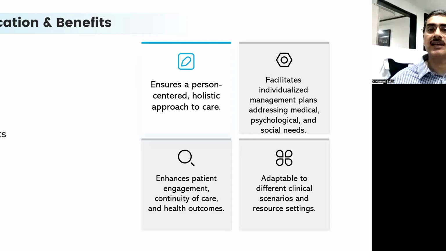It facilitates individualized management plans when we are addressing medical, psychological, and social needs. In this process it enhances patient engagement, so it is shared decision making. And we become adaptable to different clinical scenarios, since different settings have different resources available at their disposal.